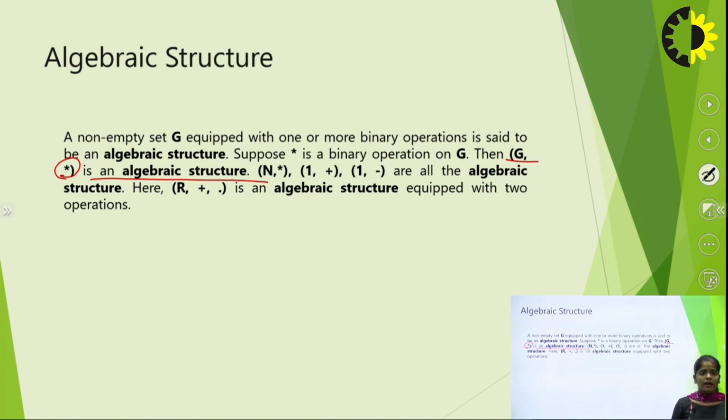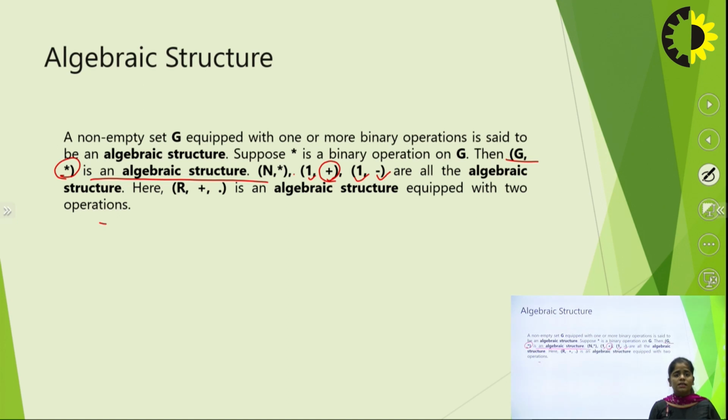Here star is an operator which varies according to your need. Means if I consider natural numbers with plus sign, the plus sign represents the operator which we generally represent by the asterisk sign. And also, 1 is an element of a set and minus is an operator which we basically represent by the sign star.